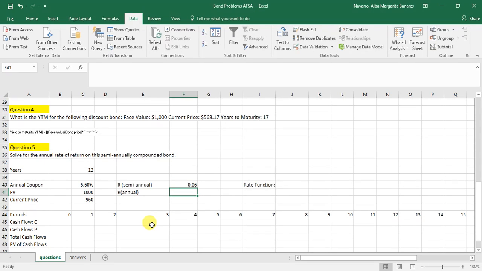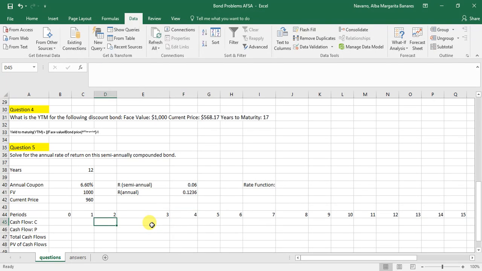Earlier we flipped from annual to semi-annual, and now what I want to do is go from semi-annual to annual. So it's a similar process: 1 plus the semi-annual to the power of 2 this time instead of a half, minus 1 again. So this is our annual rate of return if we have a semi-annual rate right here.